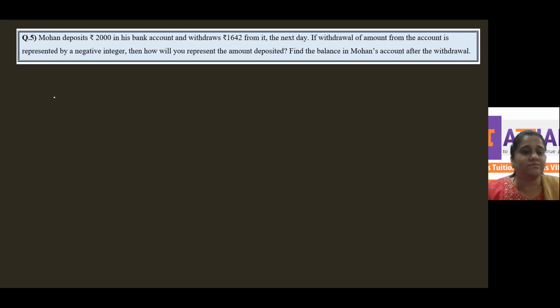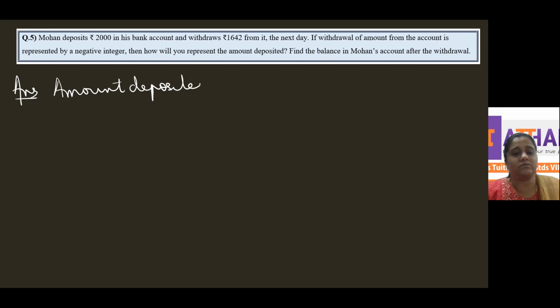So what will be the answer? What is the first question? How will you represent the amount deposited by Mohan?